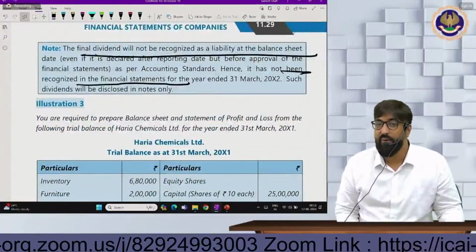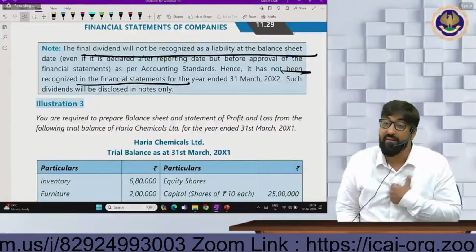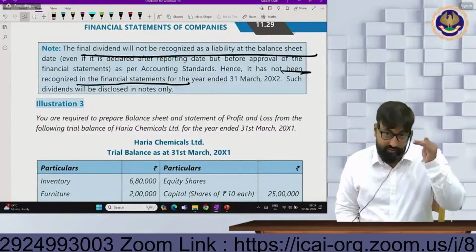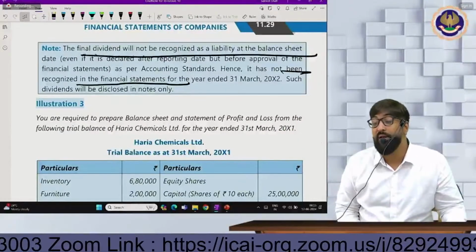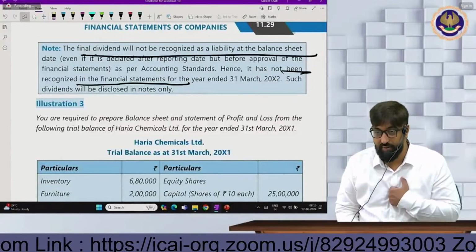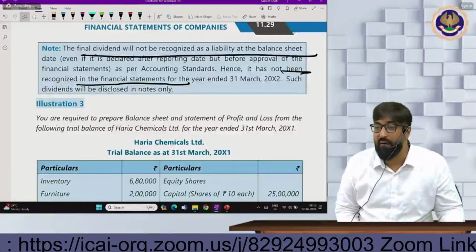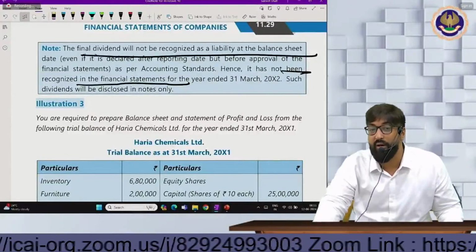Such dividend will be disclosed in the notes to accounts. When I studied my CA course, we had to deduct this dividend from reserves and surplus and show it as a proposed dividend in the short-term provisions. But now this is not an event which occurred after the balance sheet date, and therefore it is only recorded in the notes.